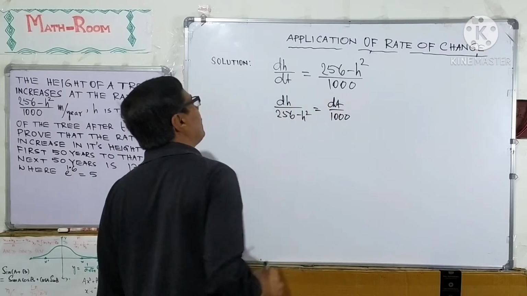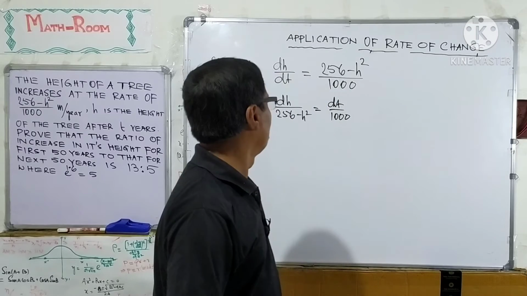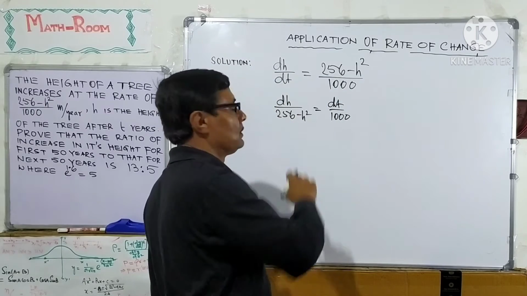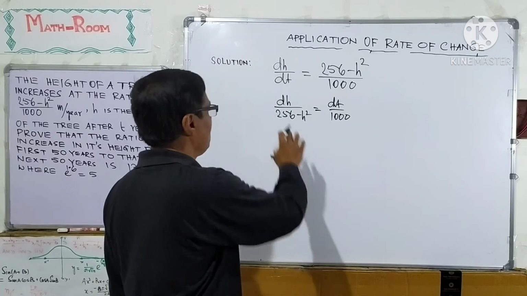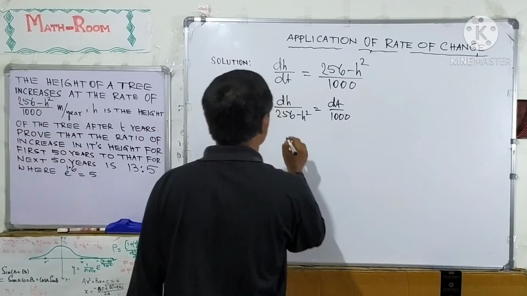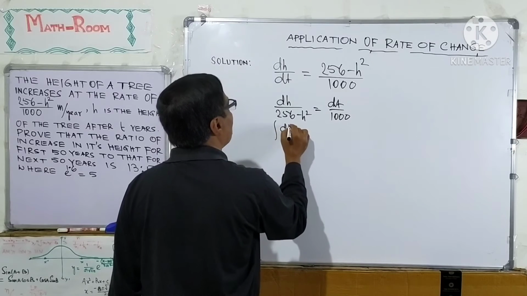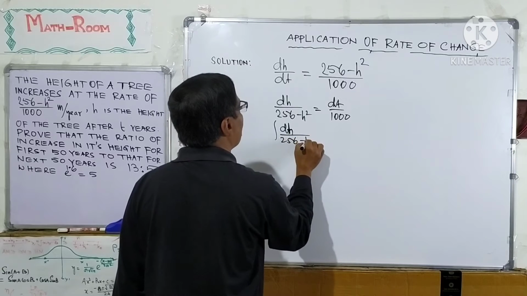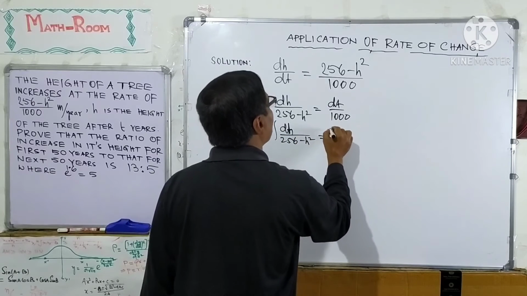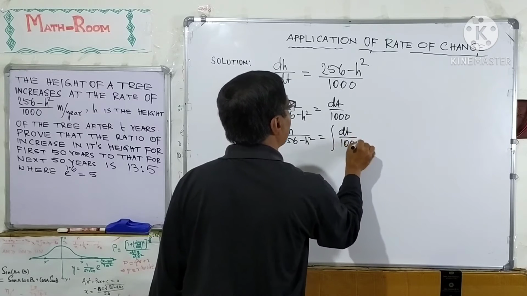Thus the two variables h and t are separated, then we can integrate both sides of this equation. Integrating both sides, we get the integral of dh over (256 minus h squared) equal to the integral of dt over 1000.